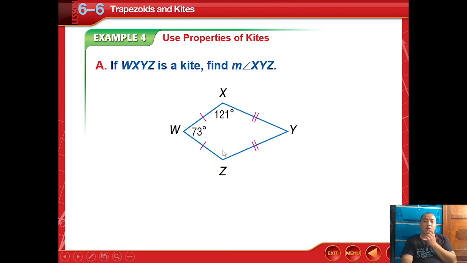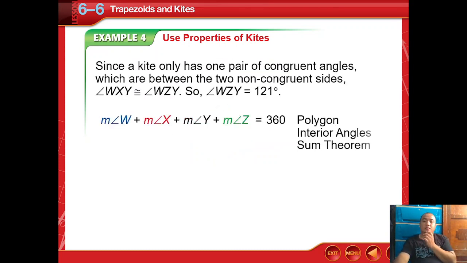So, 121 plus 121 is 242 plus 73. Subtract from 360 because it's a quadrilateral. The sum of the angles of a quadrilateral is equal to 360. So, 242 minus 73. So, the answer is 169 degrees.